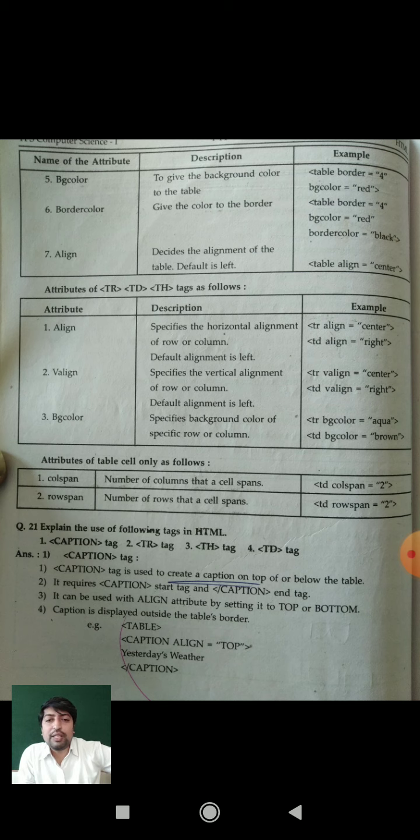Two attributes are there, colspan and rowspan: the number of columns that a cell spans. Span means getting together. Colspan gives us the definition of combining two columns into one column.